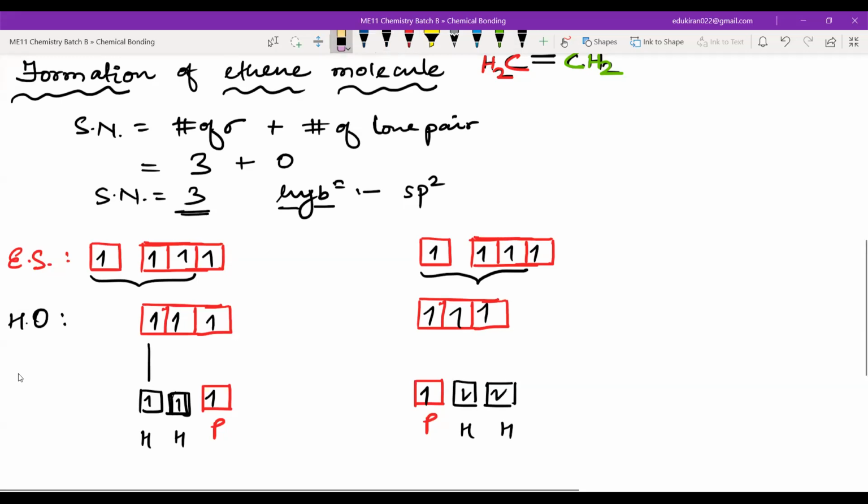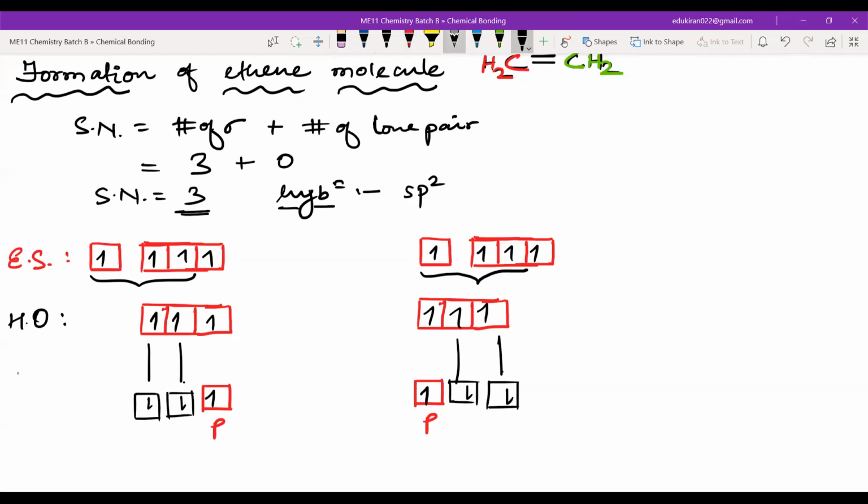Wait a second, I need to make this a bit bigger. It's getting very clumsy in here. The bonding will take place like this with the hydrogens. Now with carbon, these two will be making a bond like this.